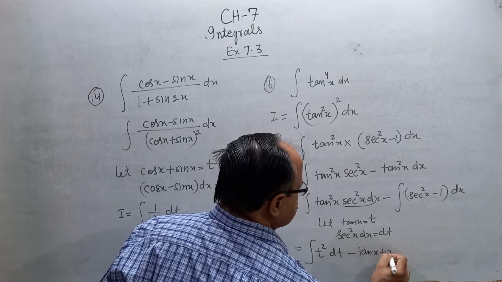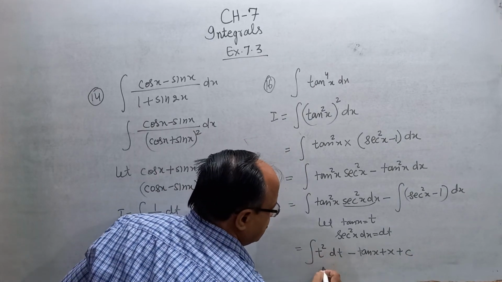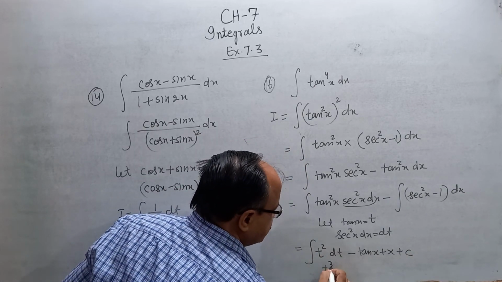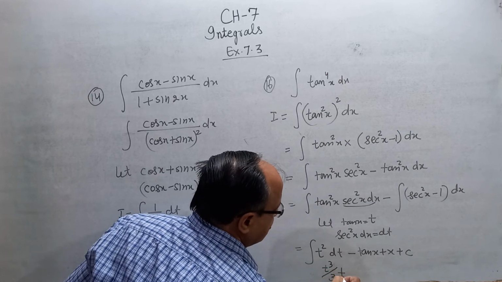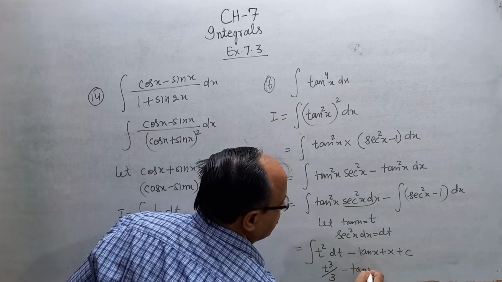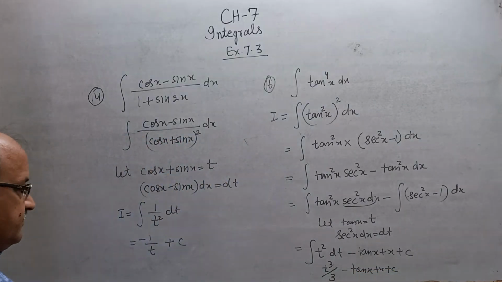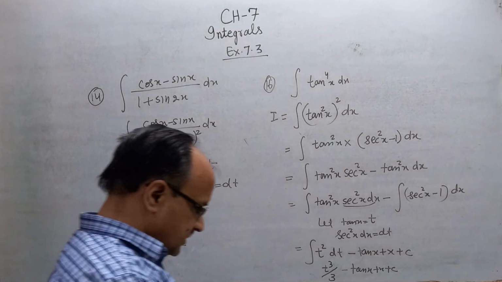The integration of t square is t cube by 3, minus tan x plus x plus c. This is the answer of this question. Clear?